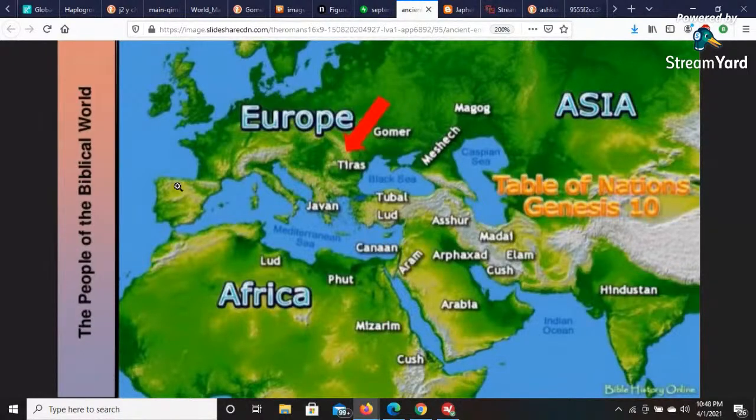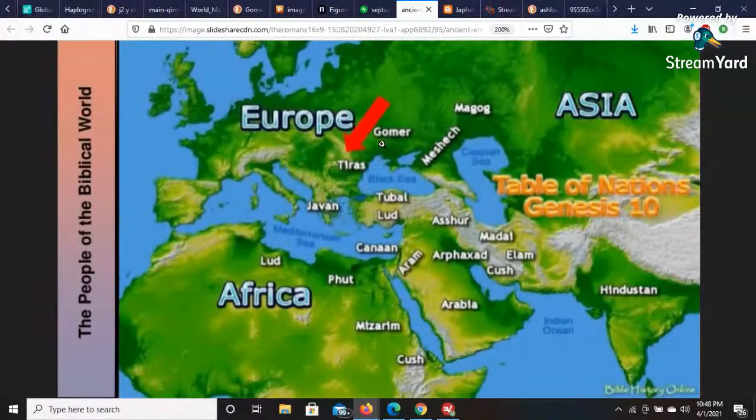But I'm assuming that Javan and Tiraz, the ones that went to Europe, died out in Europe. In other words, they're the Neanderthals that died out in Europe. I'm thinking that possibly Madai is the Denisovan, and that's why the Asians have Neanderthal DNA, and that's why the Ashkenazi Jews have Neanderthal DNA, because they settled up in the land of Gomer, Ashkenaz, because Gomer is the brother of Tiraz and Javan.